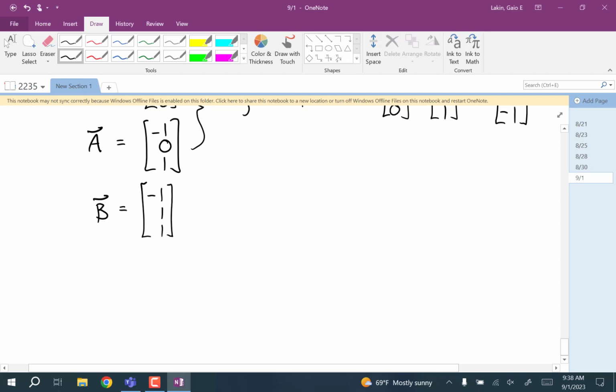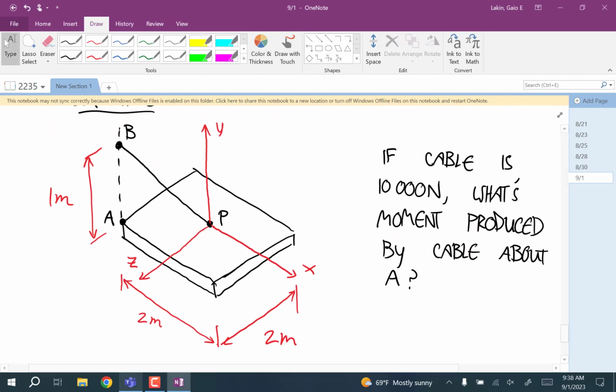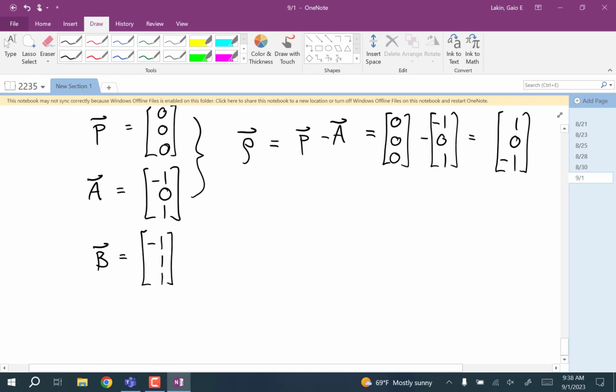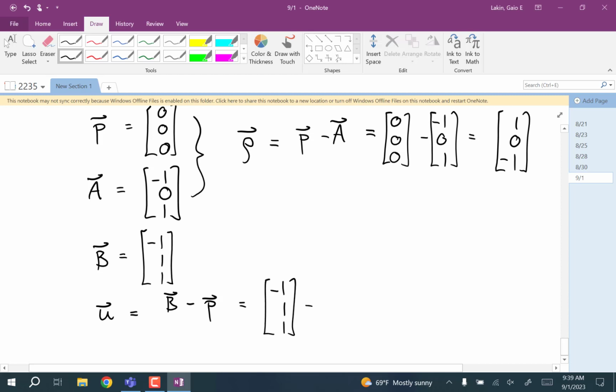So a vector in the direction from P to B, I'll call it U, is equal to B minus P, which is -1, 1, 1, minus P, which is 0 in this case.